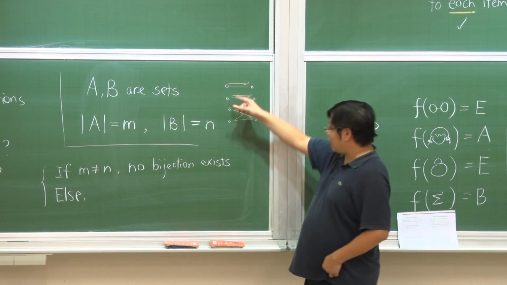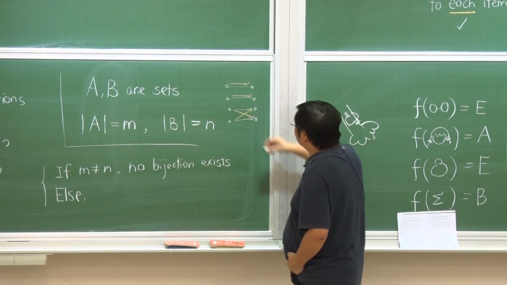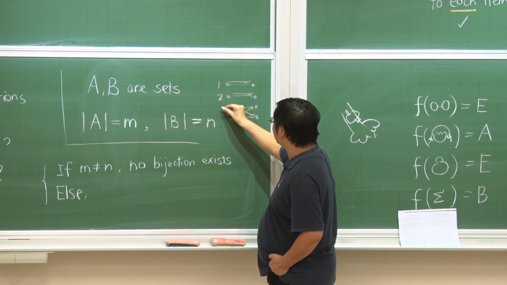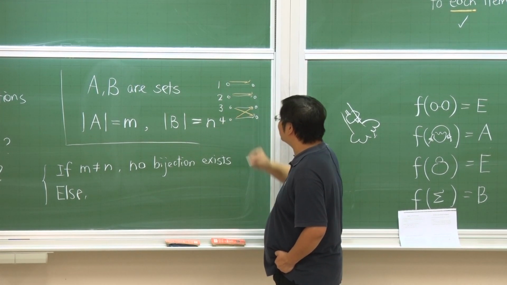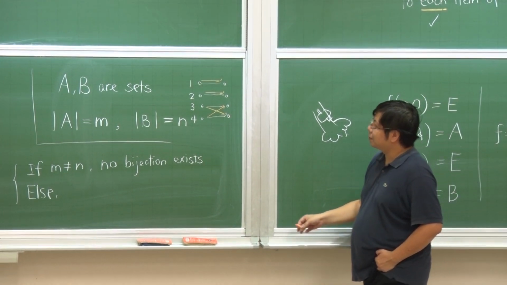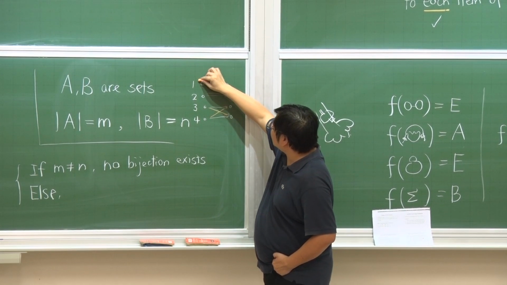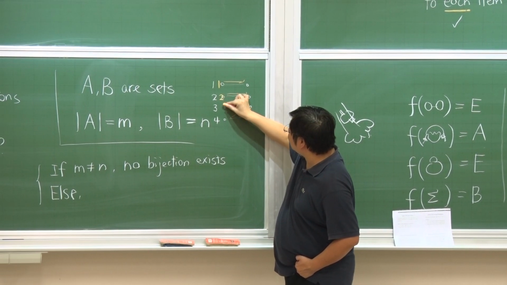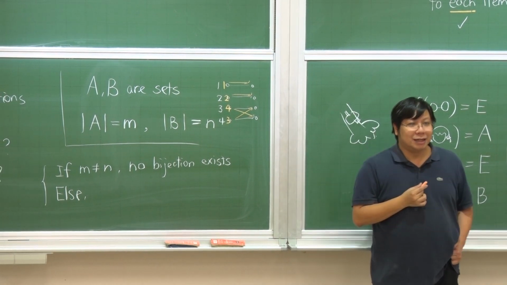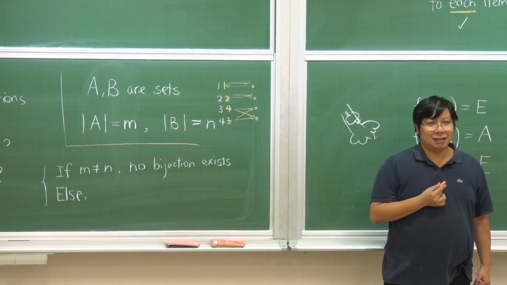So in the white example, you are assigning the first item to this one, the second item to this one, the third item to this one, the fourth item to this one. But for the orange one, you are assigning 1 to this one, 2 to this one, 4 to this one, and 3 to this one. Is that okay?